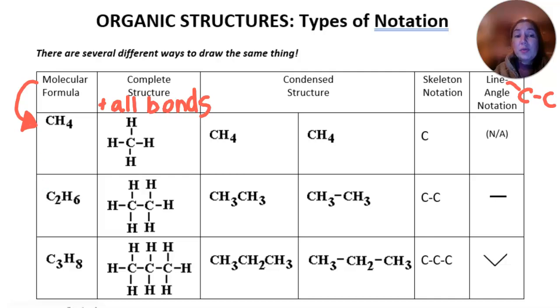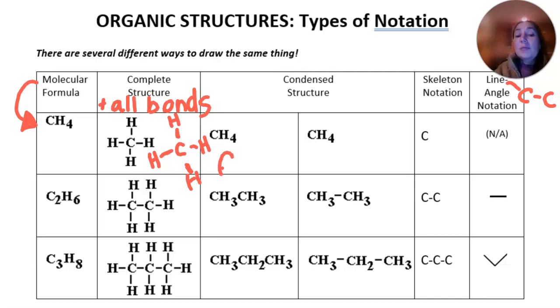We've got CH4. So in a complete structure, we would show our central carbon. It has 4 valence electrons, and so we're showing it bonded once to each of 4 hydrogens, and that would just be methane or natural gas. So we're showing how every one of those 4 carbon-to-hydrogen bonds looks.